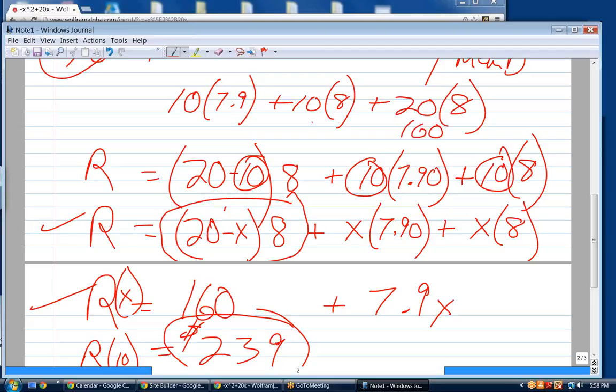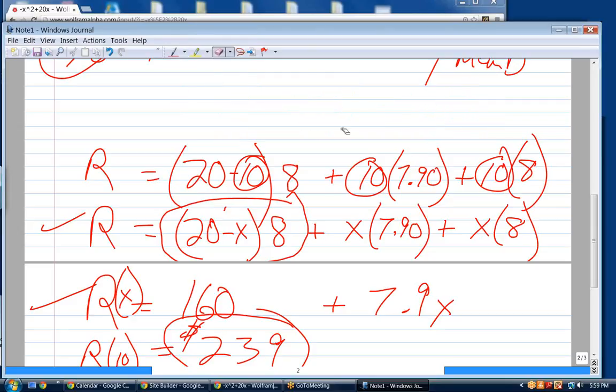So that's 160, that's 80, and that's 79. 240 plus 79. We only recruited 10 new members, not 20. Yeah. So that's only 80. So that gives us 239. Okay. So our revenue function appears to be correct. In other words, when we take a specific number and work through what we know to be correct, it fits this revenue function right here.